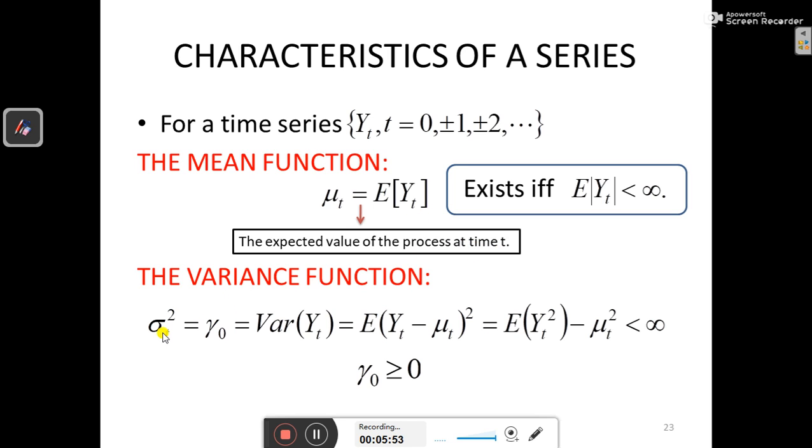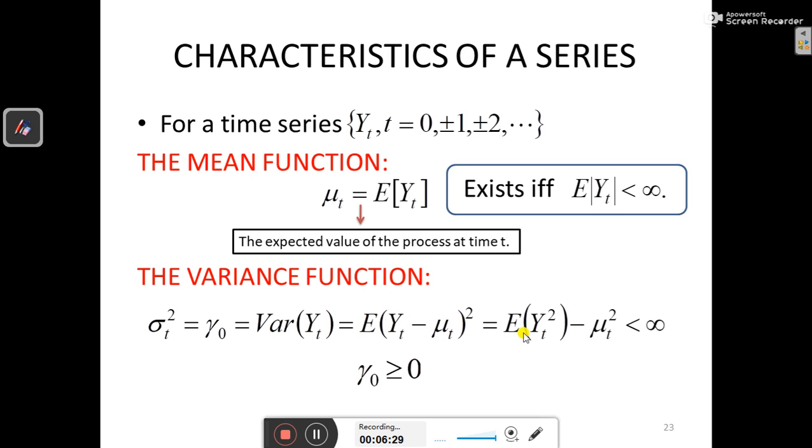The variance function is sigma square, equal to gamma naught, equal to the variance of yt. So the variance of yt is equal to the expectation of the square of yt minus mu t, the difference between the actual observation value and the mean value, squared, and that is the expected value.